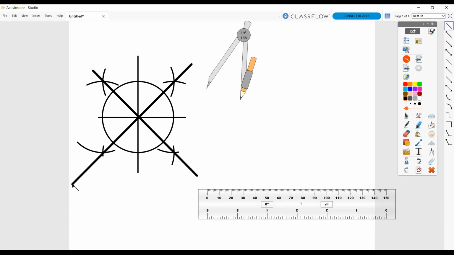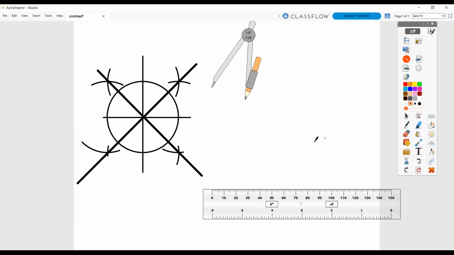The line is passing through all 3 points, this one and this one, right. So this is the 8 equal division of the circle. Now you can observe that here we have the 8 equal division. This is the 1, this is the 2, 3, 4, 5, 6, 7 and 8. These are the 8 equal division of the circle.